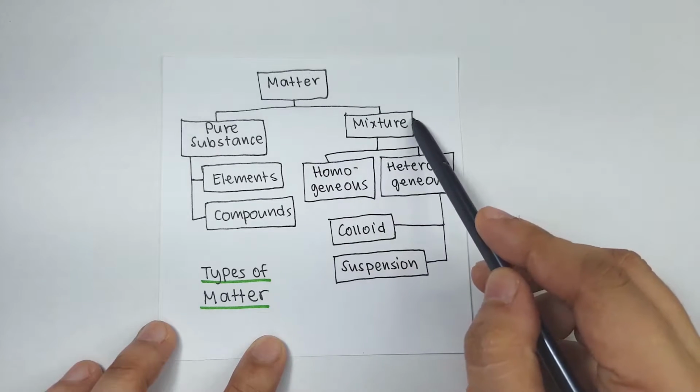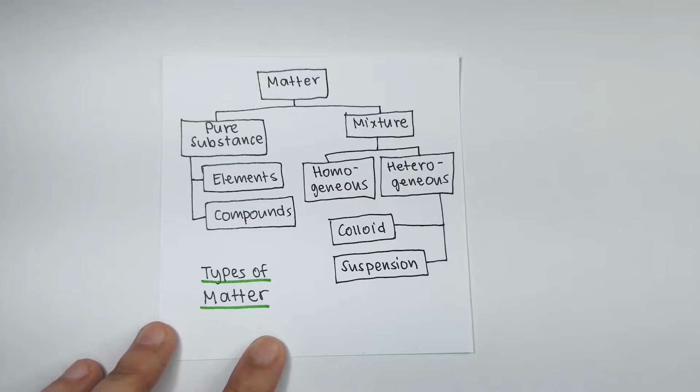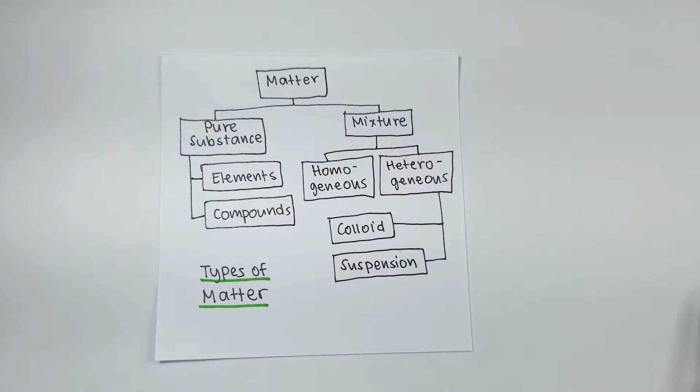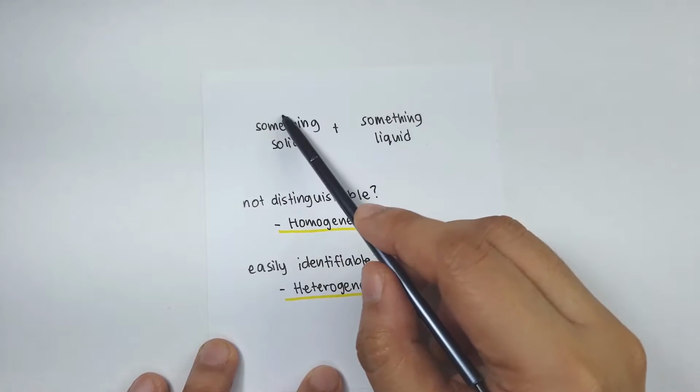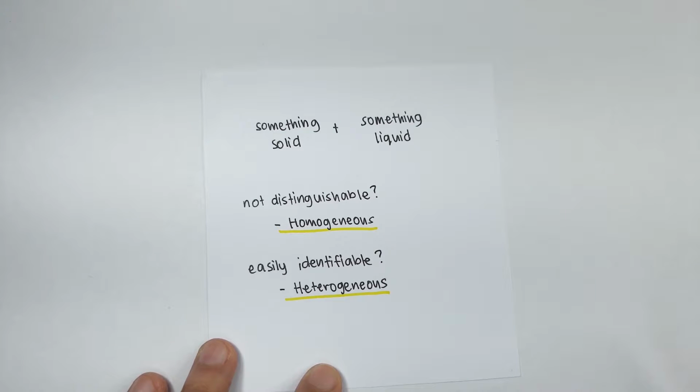Next is ang mixture. Under mixture, may homogeneous and heterogeneous mixtures ka. So homogeneous mixtures, dito nagfa-fall yung solutions. So ang homogeneous mixtures, ito yung mga solutions natin and by definition, it is uniform all throughout. So if may something solid ka na imimix mo sa something na liquid, expected na yung something solid ay magdi-dissolve siya sa liquid.